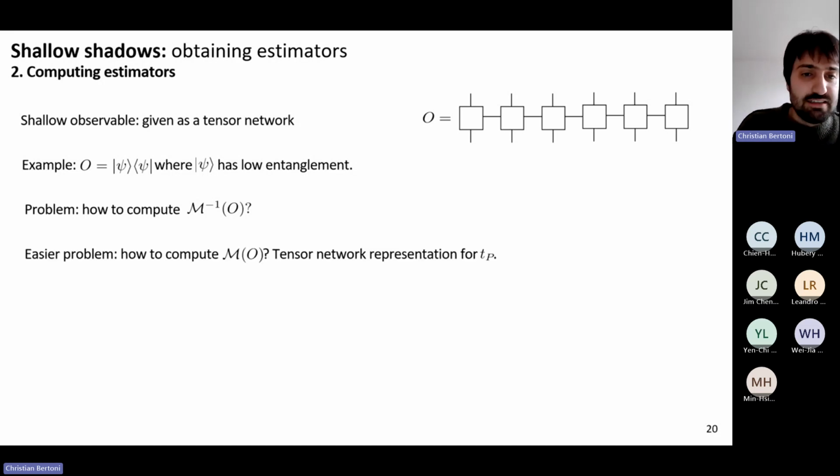We can start with a slightly simpler problem, which is how to compute M of O. And we have a tensor network representation for this eigenvalue T_P.